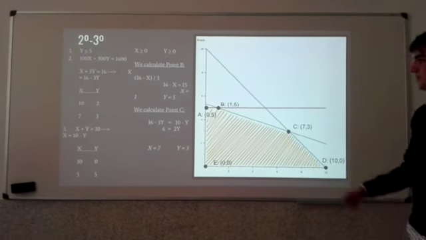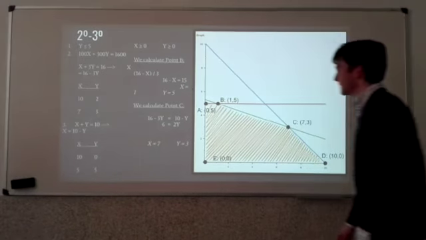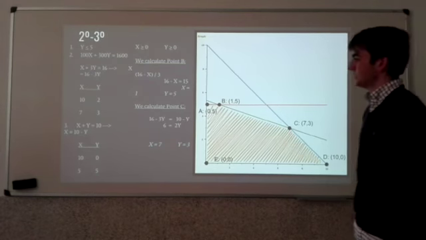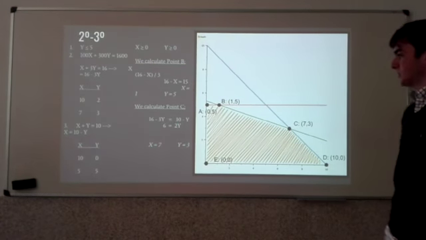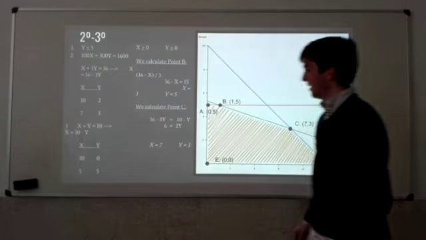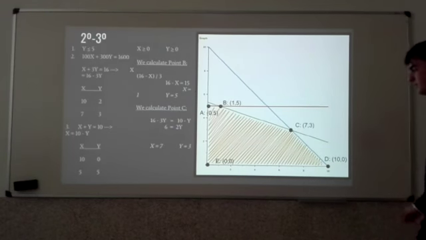We have given some values to x and y to represent it. Then we have this blue line, which is the equation x plus y equal to 10, and we have also given some values to draw the line.